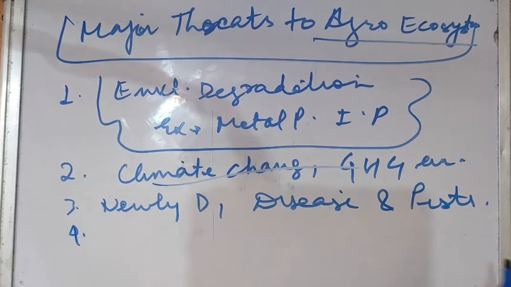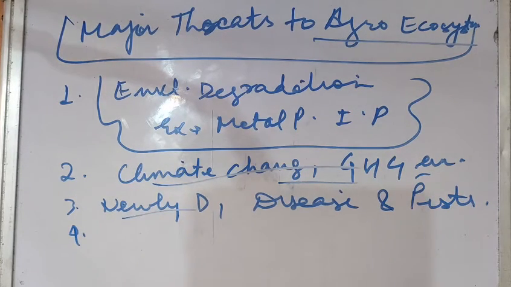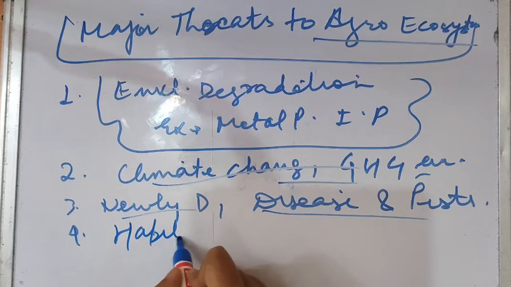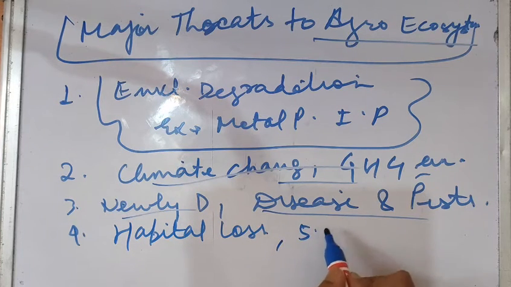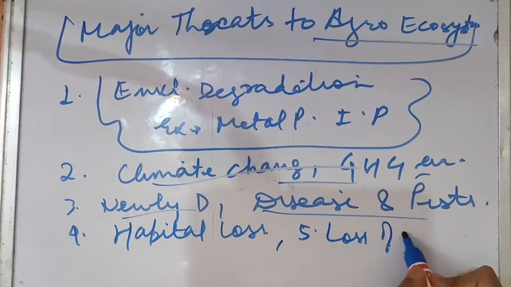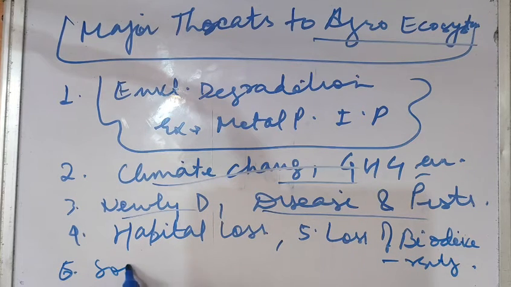We all know about climate change and greenhouse gas emissions. There are different kinds of pests and diseases that newly develop and threaten some agroecosystems. Some exotic species come and threaten some agroecosystems. Habitat loss, loss of biodiversity, soil degradation and deterioration.